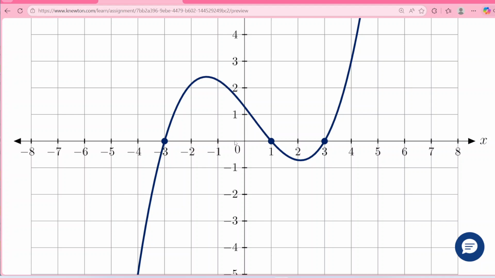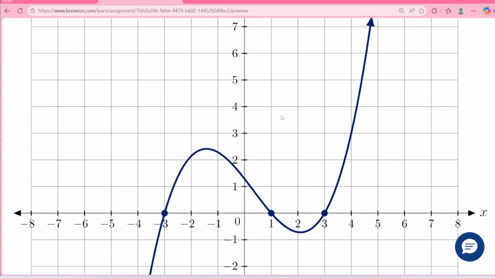So the graph of the original would be concave up between x equals -3 and x equals 1. And then concave down again between 1 and 3, where the value of this second derivative is negative. And then to the right of 3, from 3 to infinity, the value of the second derivative is positive again. So the graph of the original would be concave up on this interval.